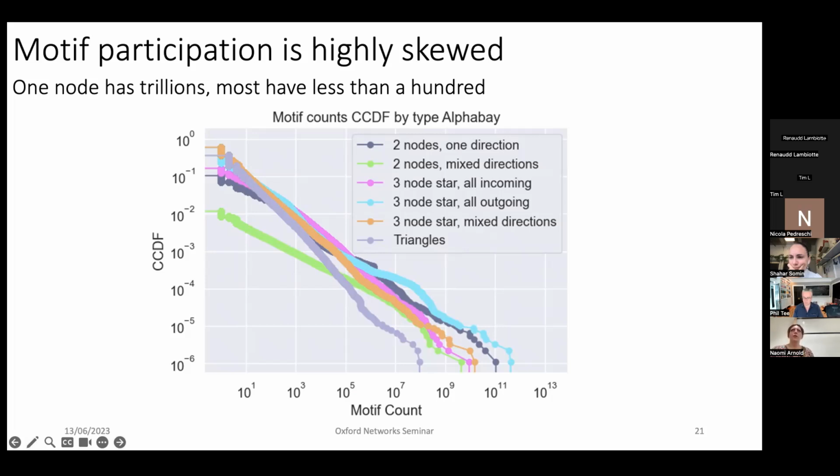Does the transactions per node distribution look quite, I imagine it's heavy-tailed as well. Yeah, that's a good question. I think it was fairly heavy-tailed.